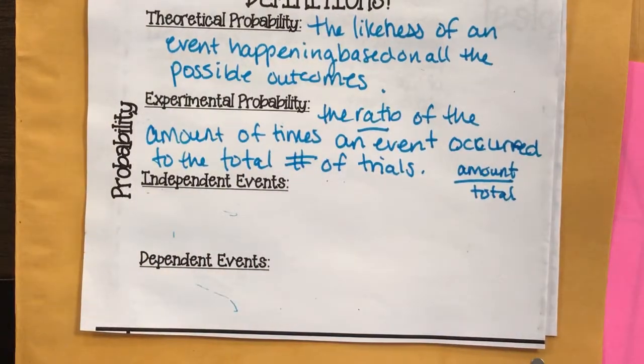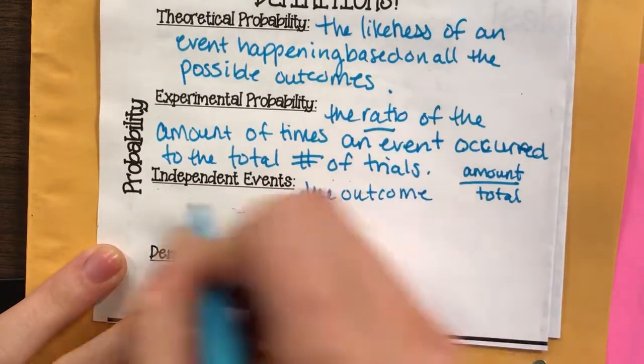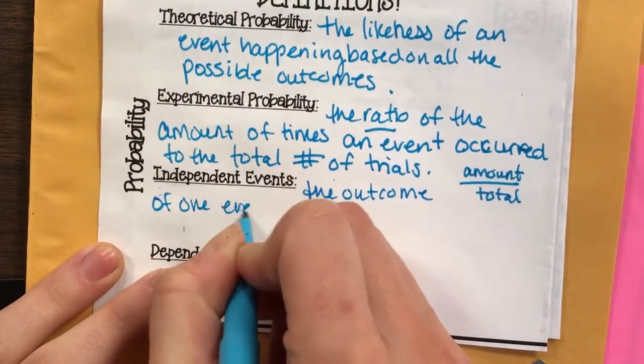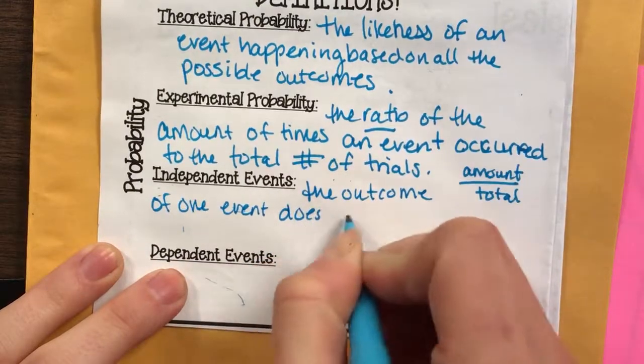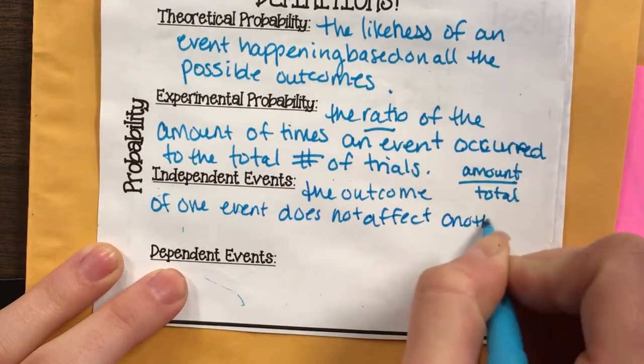Independent events and dependent events. Those are the questions where they'll say, Sally picked a marble out of the bag and she put it back in the bag, she replaced it, compared to those where she pulled one out and didn't replace it. That's your independent and dependent events. So independent: the outcome of one event does not affect another event.